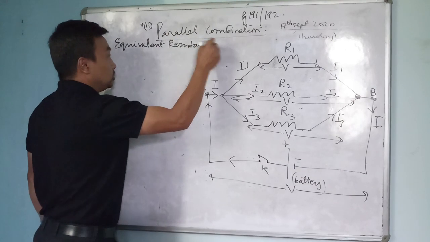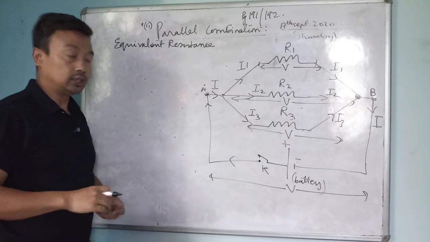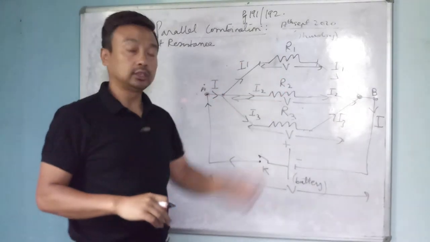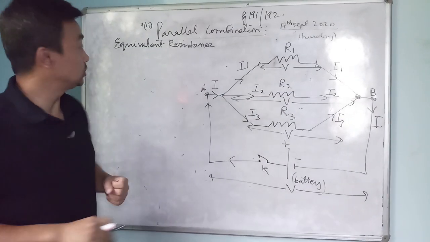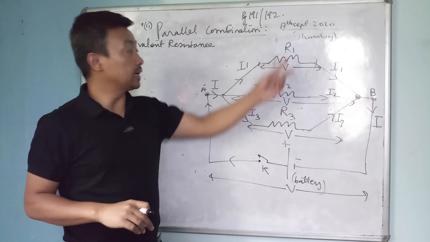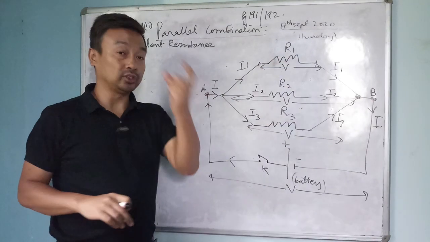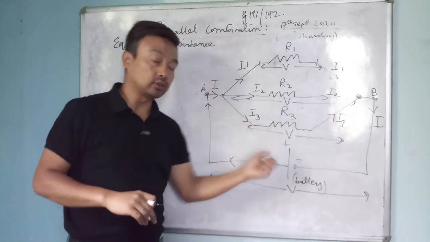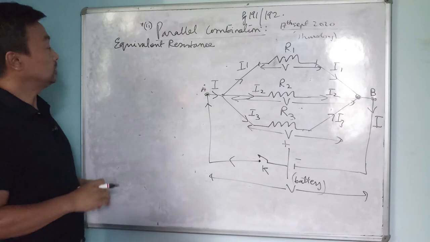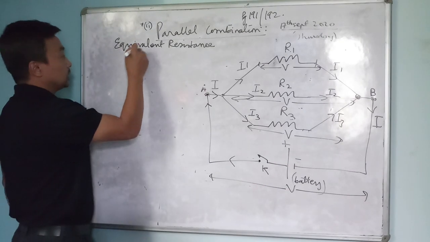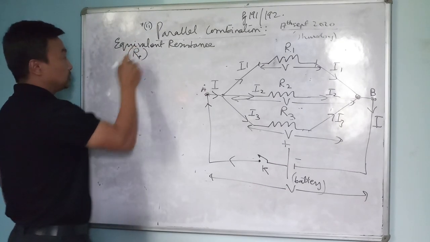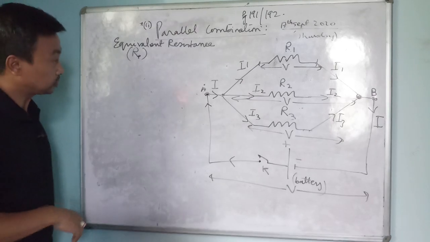As I have already told you, equivalent resistance is the same as the total resistance, or the effective resistance. That means we have to reduce this into a single resistance for the entire circuit when they are connected in parallel. So we can write this as RP. Suppose P stands for parallel.